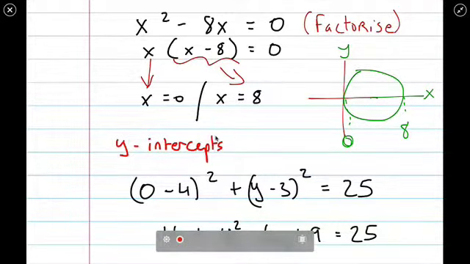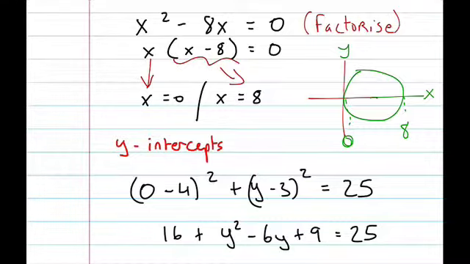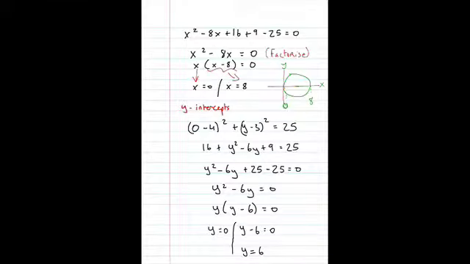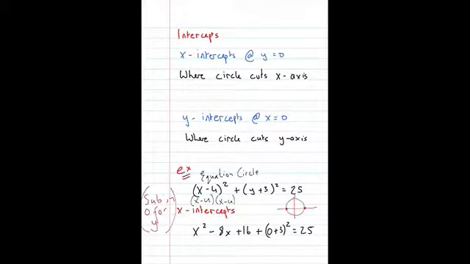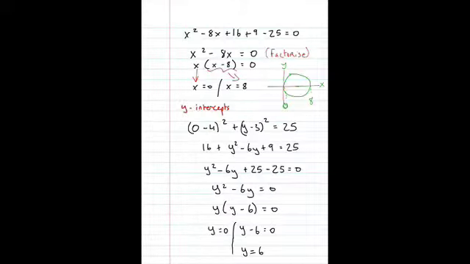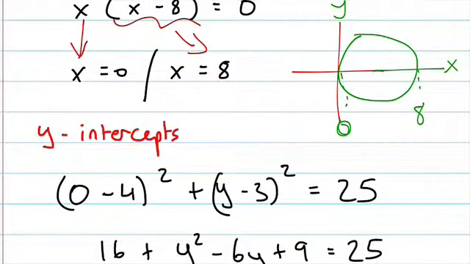Hang on a second. I think I got myself mixed up here. X-intercept is where it crosses the x-axis, so let y equal 0. So what we found here was where the circle crosses the x-axis. We found out it was 0 and 8.